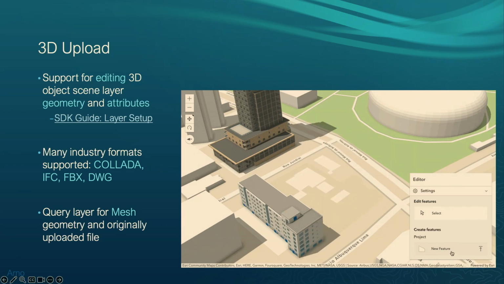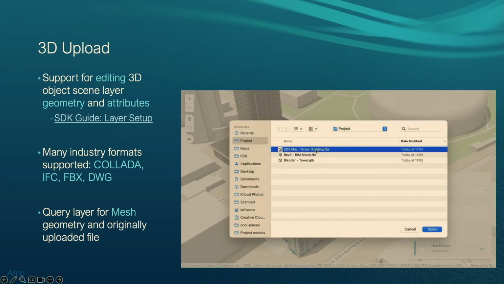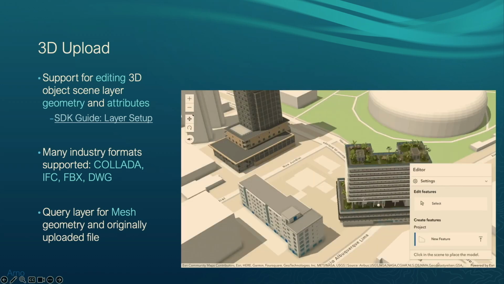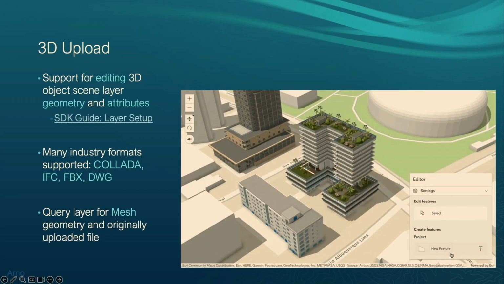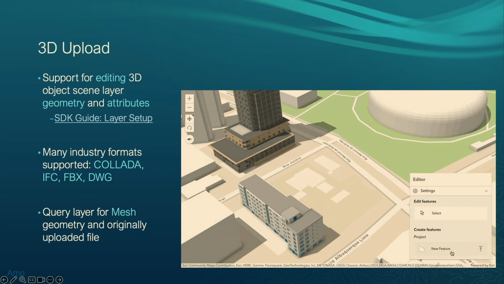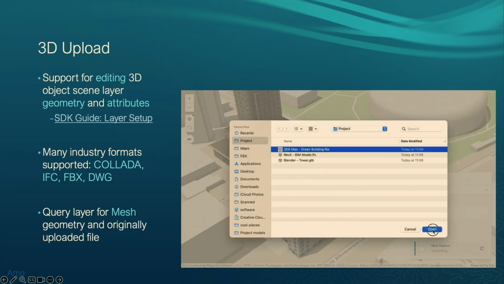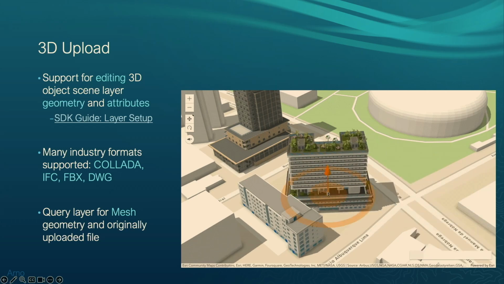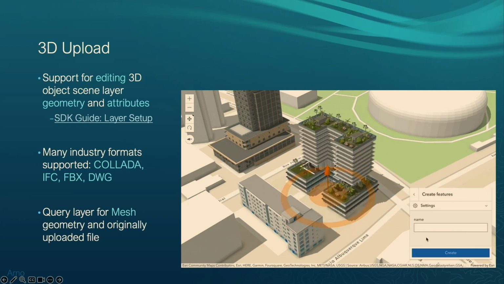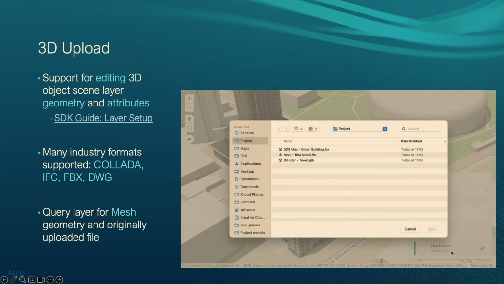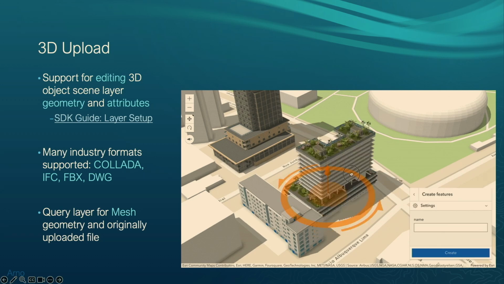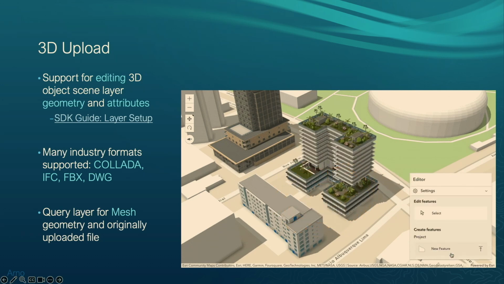Or you can also query the layer for the footprint of your building, as we did in the plenary, and build workflows based on that. But you can also access the REST API to get the originally uploaded file. So for example, if you upload an IFC file, you can download that file again and work with it either in the client or also on the server side using the REST API.